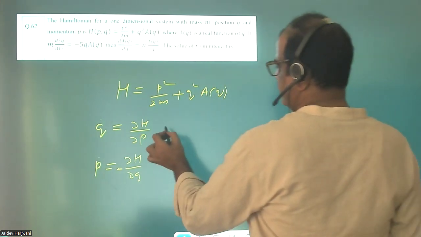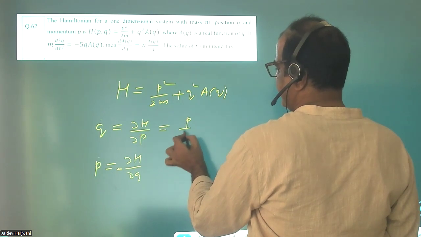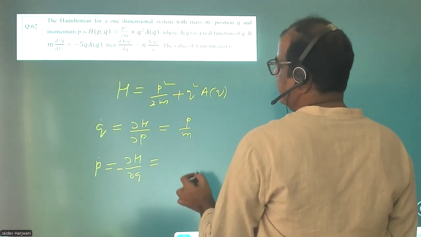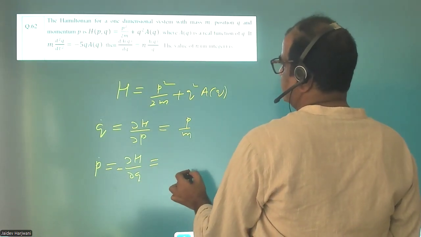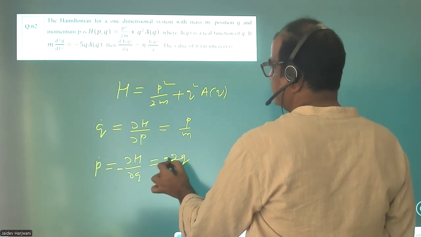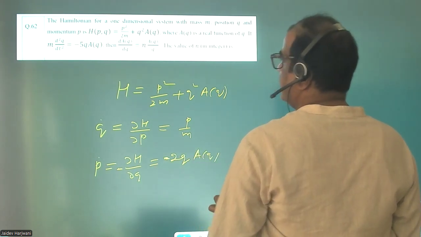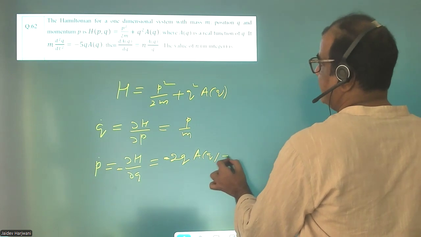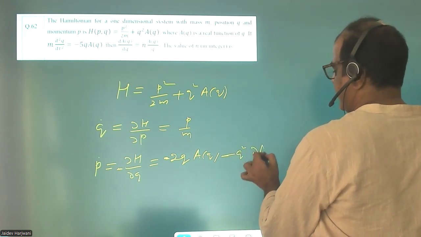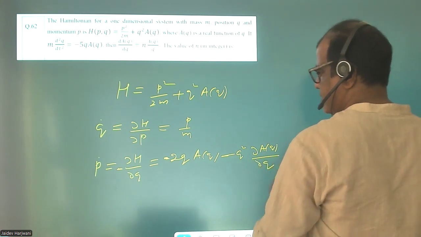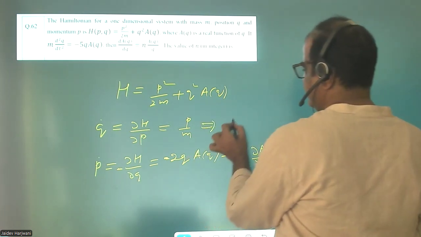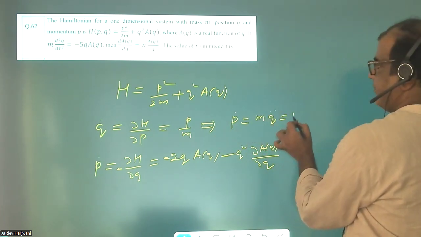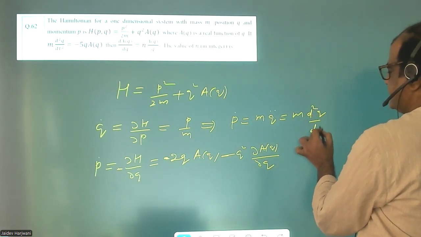So first let me write the Q dot. So Q dot will be simply P by M. And P dot, this will be, if I differentiate with respect to Q, 2Q AQ, minus 2Q AQ, and the next term, minus Q square as it is, I can write del AQ upon del Q. And this equation gives me P dot equals M Q double dot, that is M d2q by dt square.